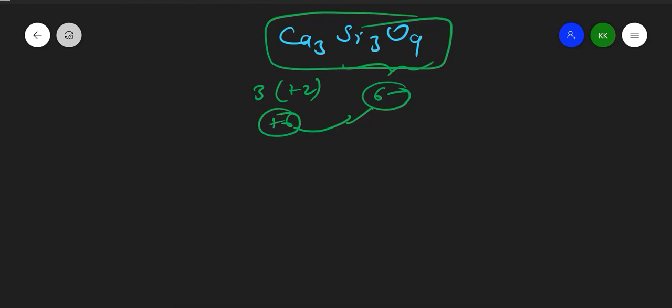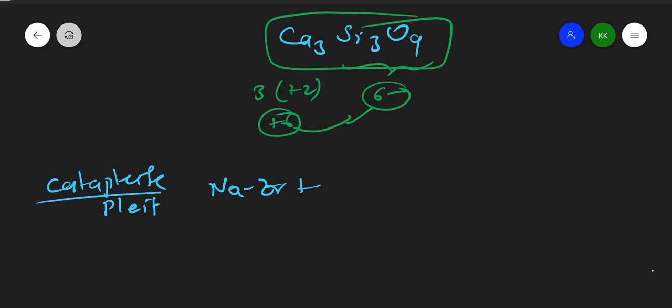Let us see one more example, that is cataplite. That is nothing but sodium zirconium trisilicate, right?